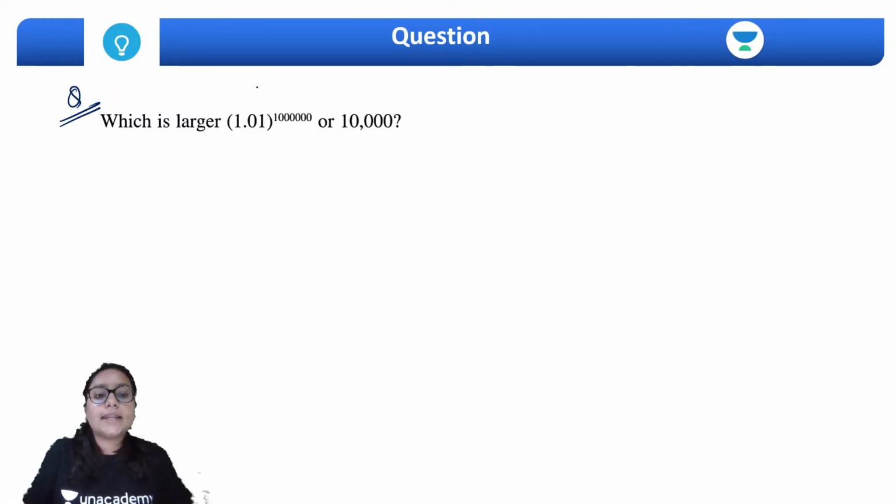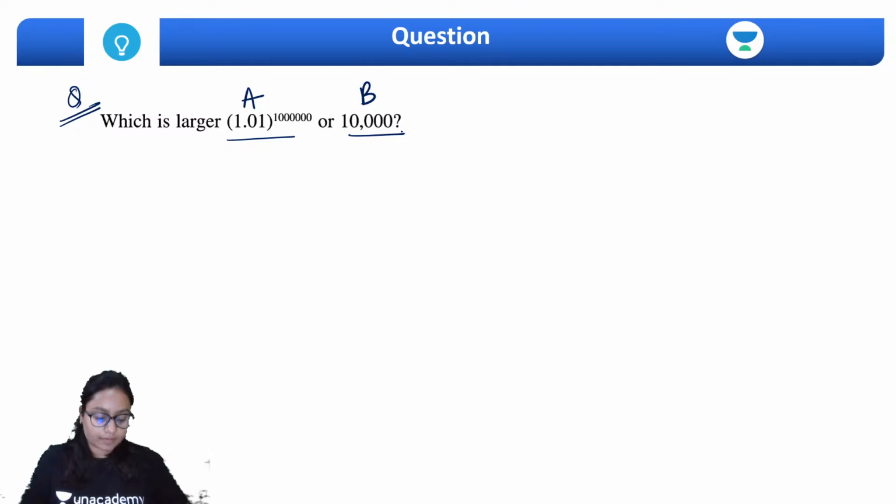I take this number as A and this number as B. Please tell me which number would be the larger one, A or B. Yes, correct, Sharmishta, your answer is right. So this number will be greater.